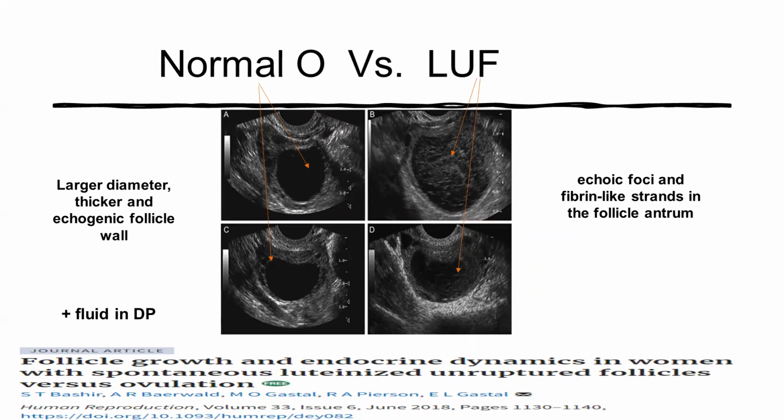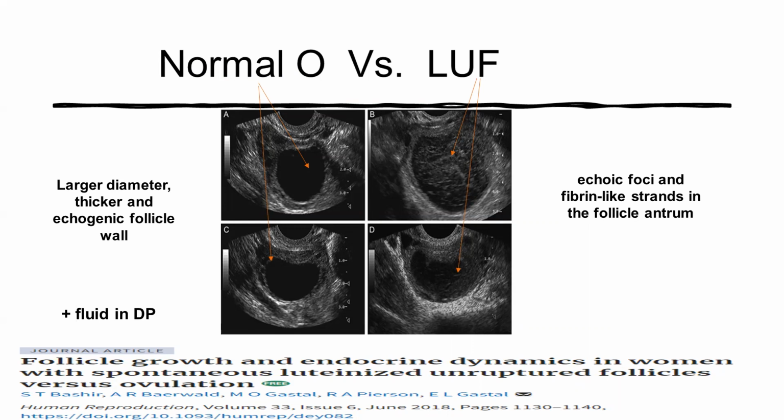And they are important to be differentiated because the normal pre-ovulatory follicle is well known for all of us. And after ovulation, we will see the corpus luteum. And the corpus luteum has an irregular wall due to rupture of the follicle, with fluid in the pouch of Douglas.